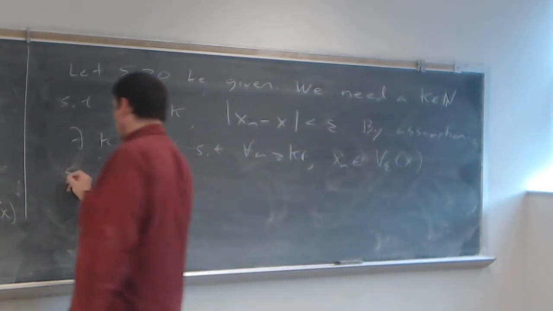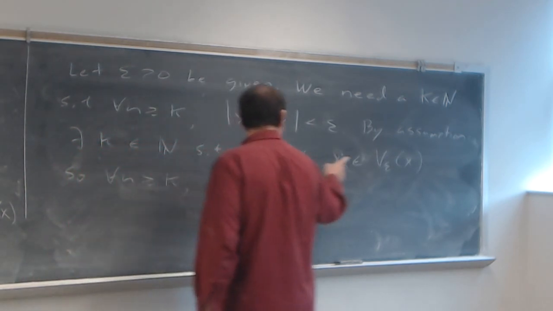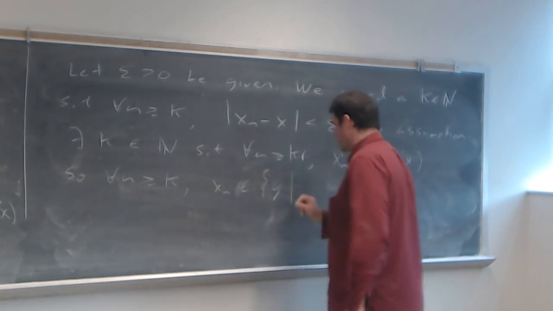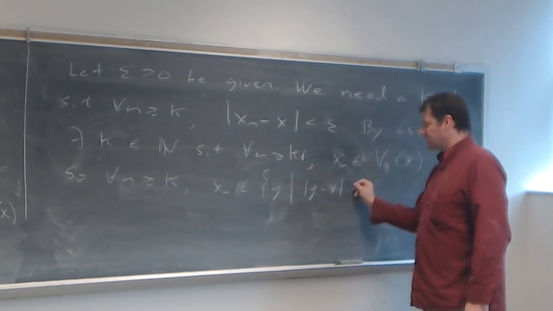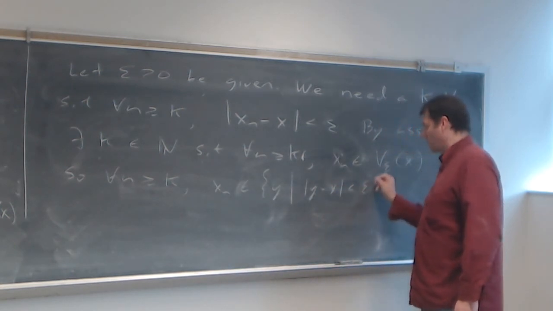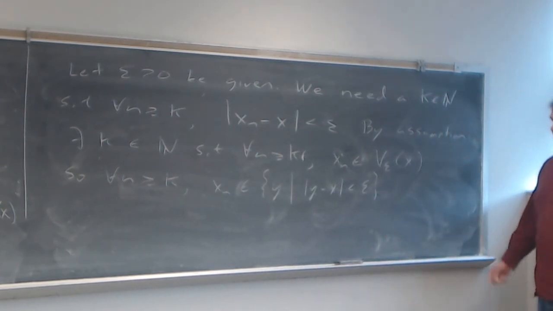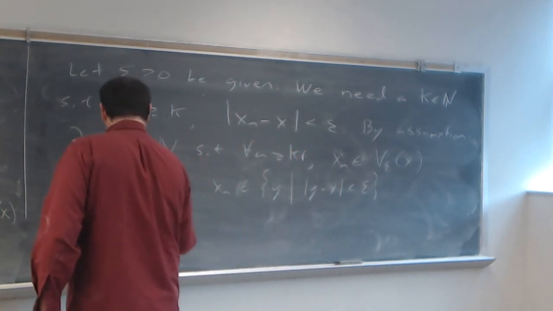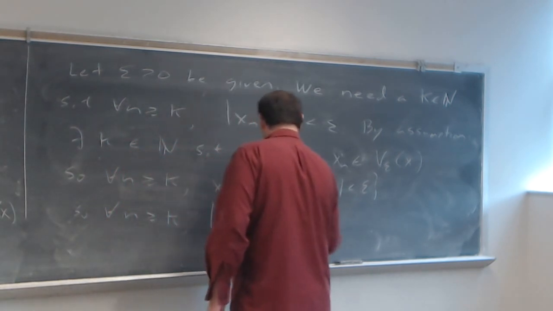So for all n bigger than or equal to k, x sub n is an element of the set of all real numbers y such that the absolute value of y minus x is less than epsilon. So x sub n has this property: it's a number such that its distance from x is less than epsilon.